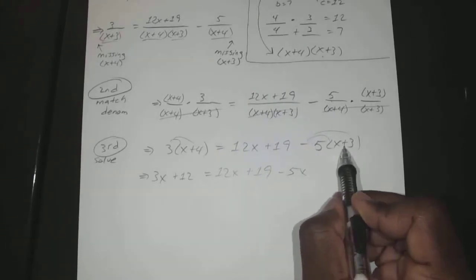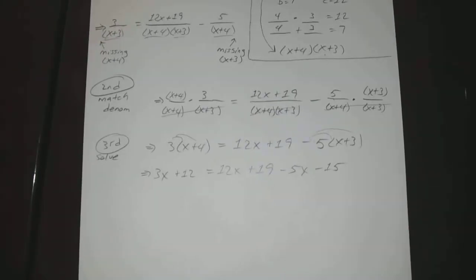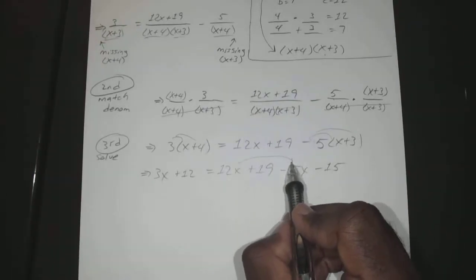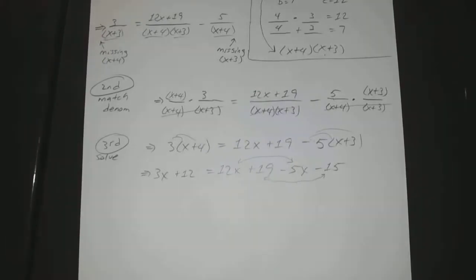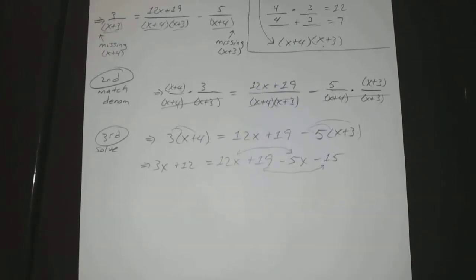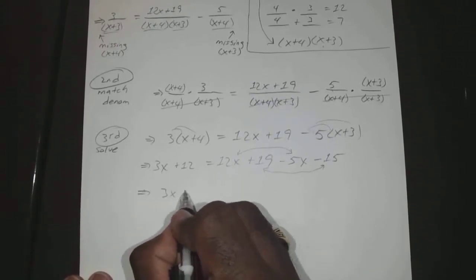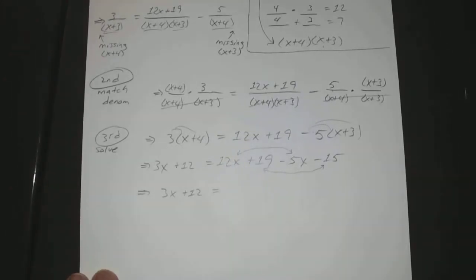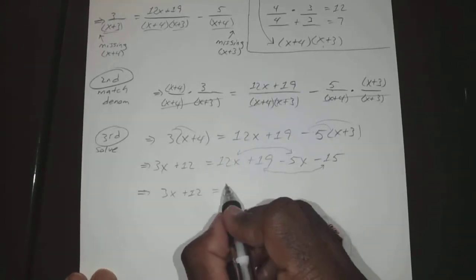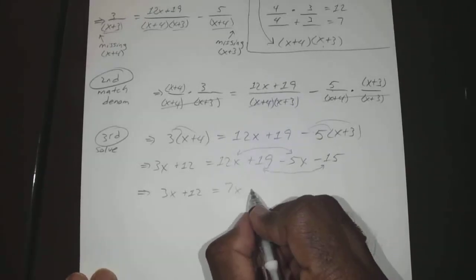And negative 5 times 3 is minus 15. And we can go ahead and combine like terms. We can combine those two and those two. Okay, so that leaves us with 3x plus 12 equals 12x minus 5x is 7x. And 19 minus 15 is 4.